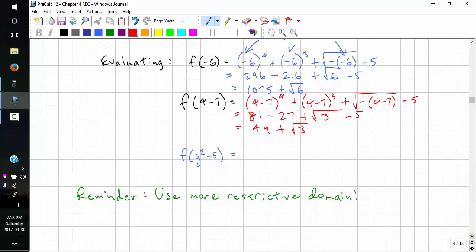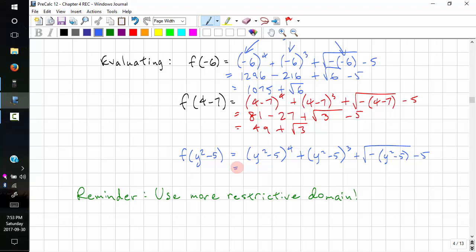So you may not have seen this before, but we can substitute an expression with variables. So this is y squared minus 5 to the power of 4 plus y squared minus 5 to the power of 3 plus the square root of negative y squared minus 5 and minus 5.